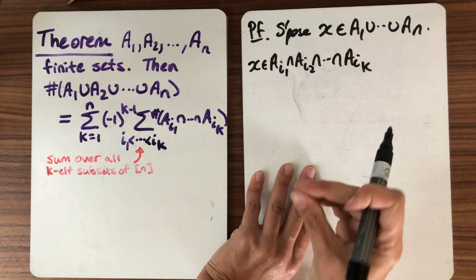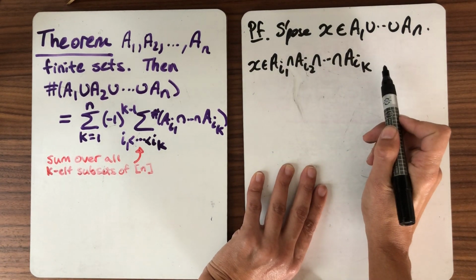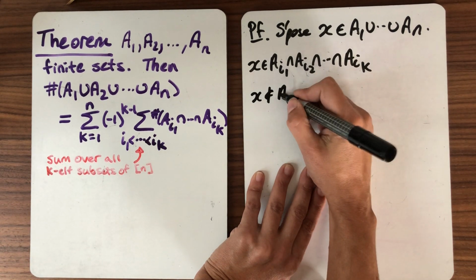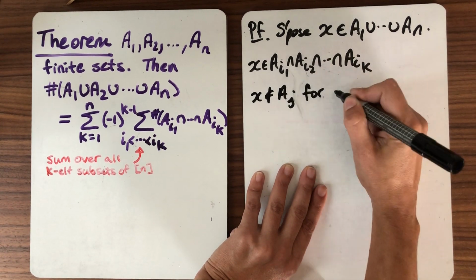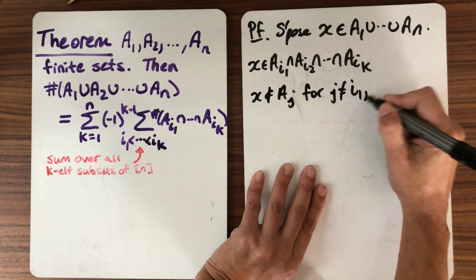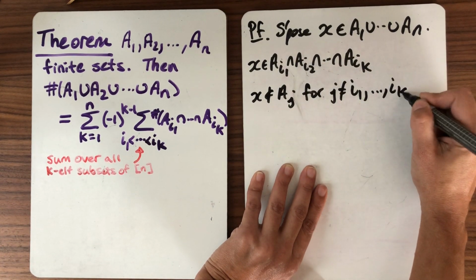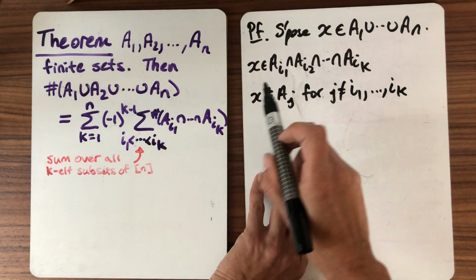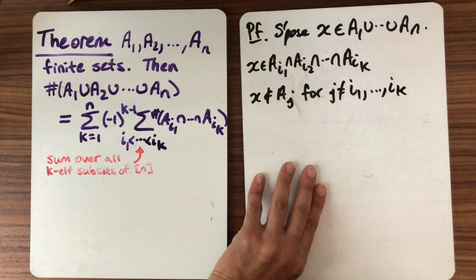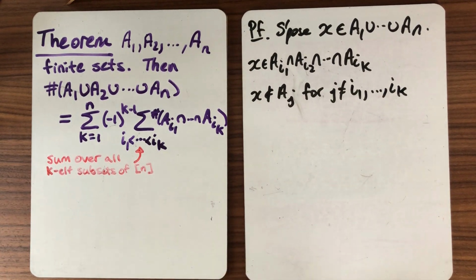I don't know what all these are, but they're all the properties that it could have. And suppose that x is not an element of A_j for any j that's not in this list. So if j is not i1 up to ik, it's not there. So x is in exactly these sets. It has exactly these properties. That's often how we think of these A's, as properties.